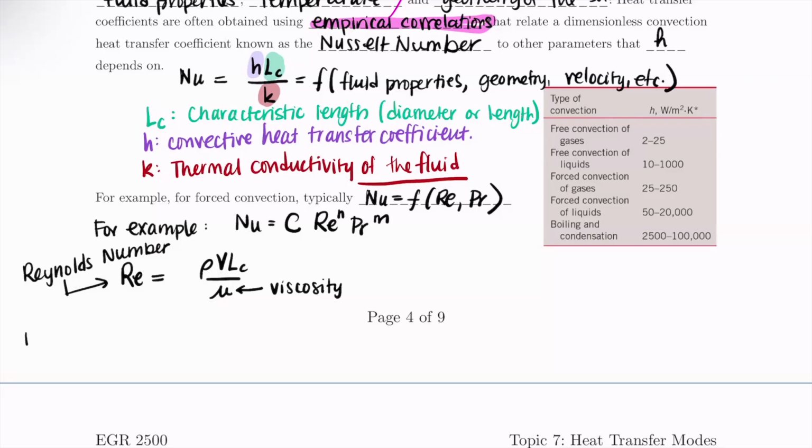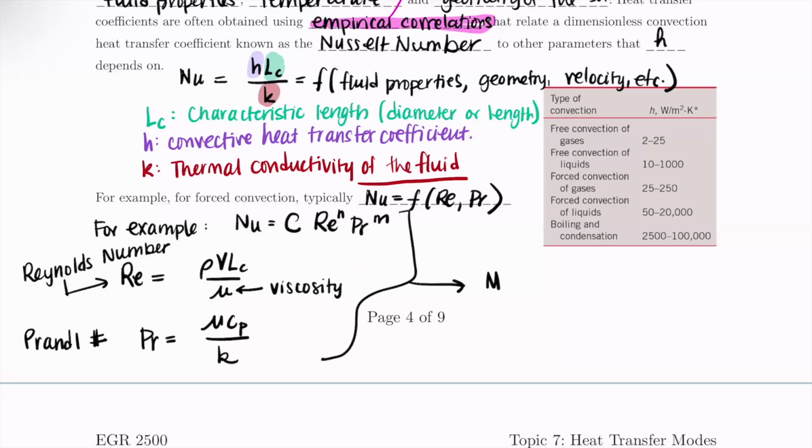And then our Prandtl number is viscosity over heat capacity divided by k. All of this is in ME 3500.